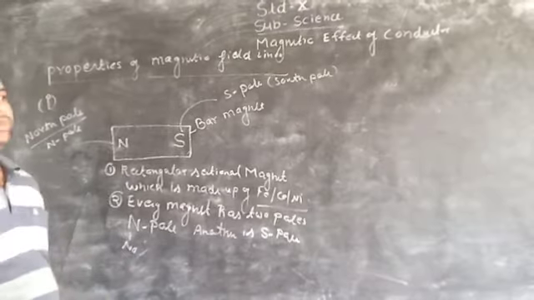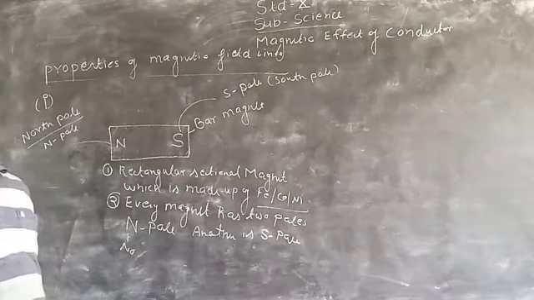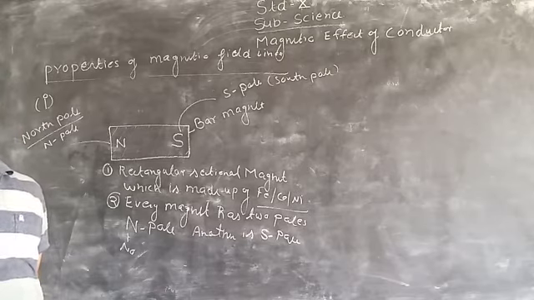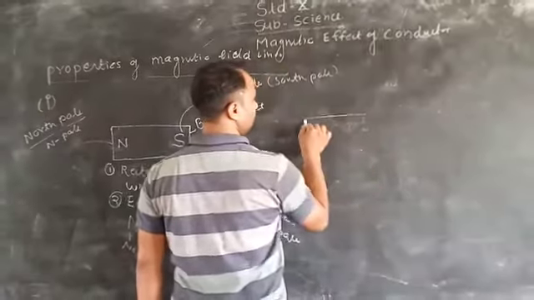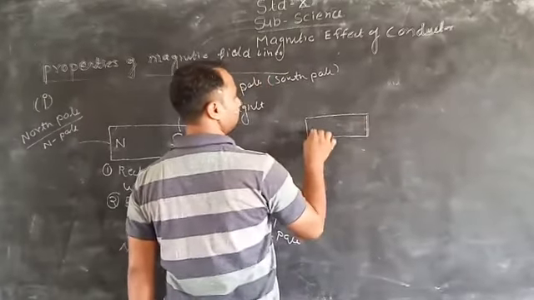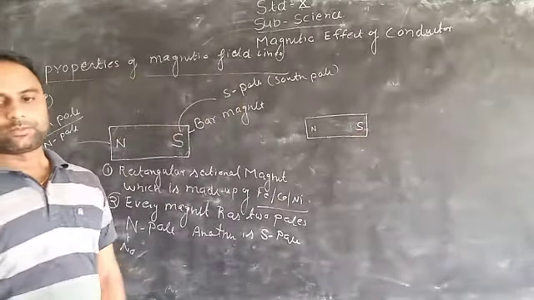So we first have to introduce that magnetic field lines always originate from the north pole. This is our bar magnet, this is our N pole and this is our S pole.